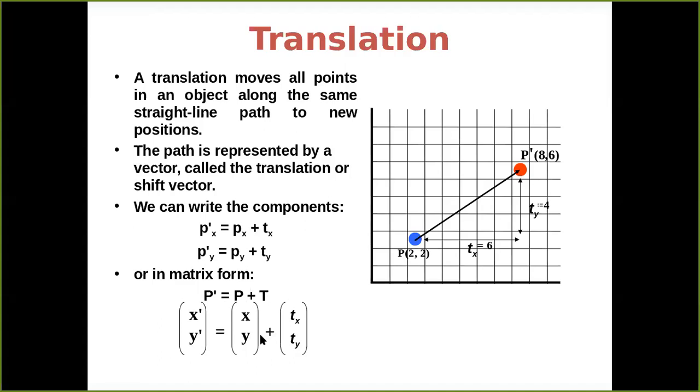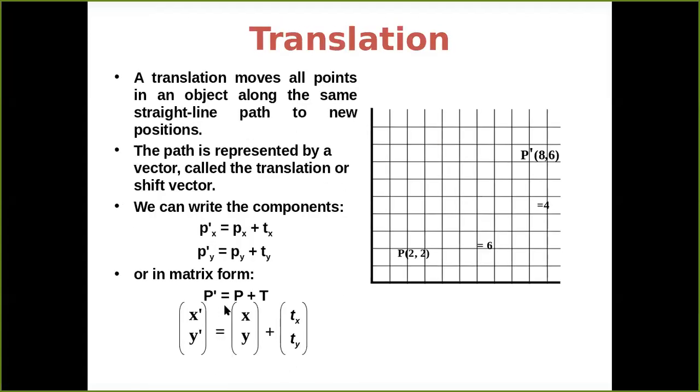You can see that addition is performed between matrices: you have the point matrix, and the units you want to change in X and Y directions, and you add both matrices to find the new position of the points.